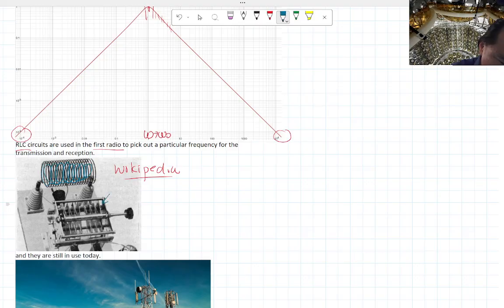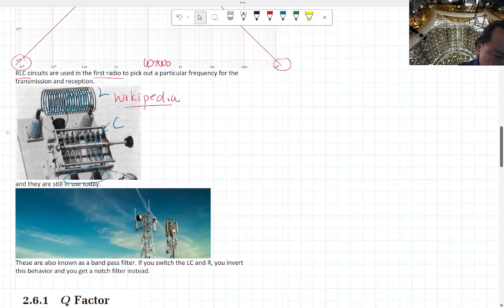Over here is the capacitor. You can see little parallel plates that you can adjust by dialing the knob. I can show you some of these in the lab if you want. The resistors are a little bit behind here. You would think these are a resistor, but this is just an isolator that keeps it from arcing.